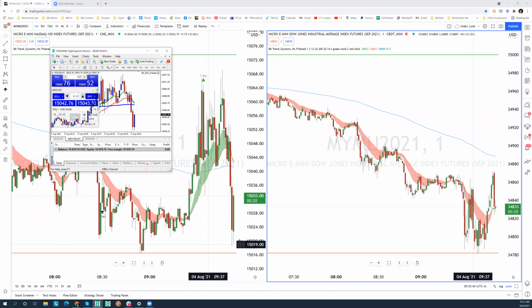And they bounce it back. So no trade here.